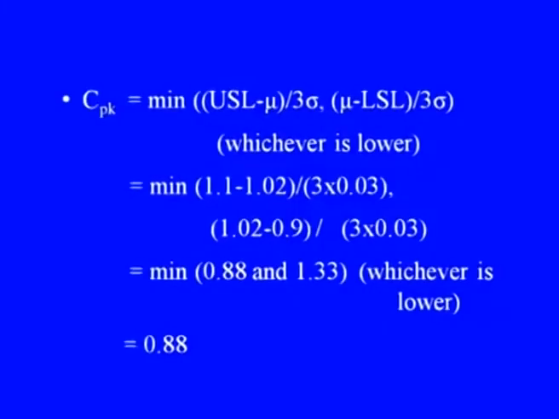On the other hand, Cpk for the same values given can be calculated as the minimum of upper specification limit minus mean divided by 3 sigma, and mean minus lower specification limit divided by 3 sigma, whichever is lower, and this comes out to be 0.88 with the calculations using those values.